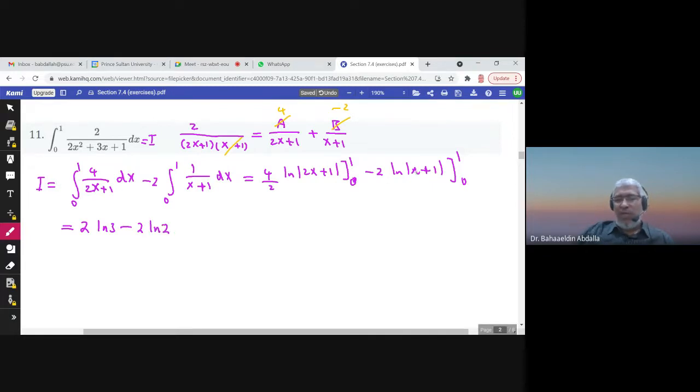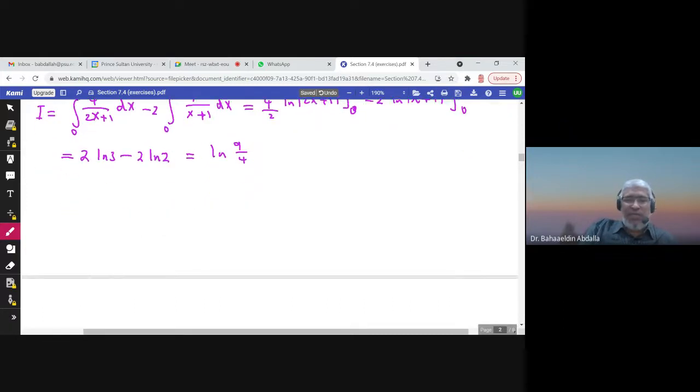If I replace x by 0, it would be ln 1, which is 0. So that's the answer. You can leave it like this. You can write it as a single logarithm, ln 3 to the power 2, which is 9, over 2 to the power 2, which is 4. Both are correct. This is the exact answer.